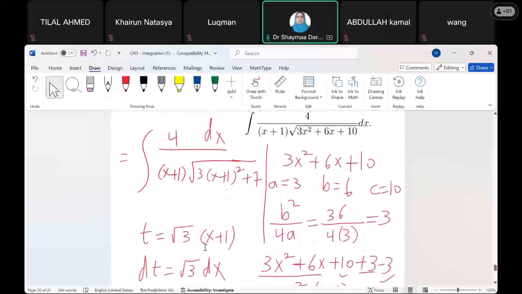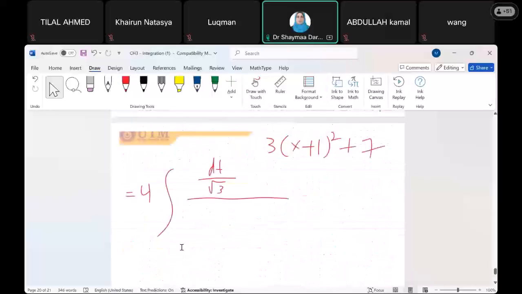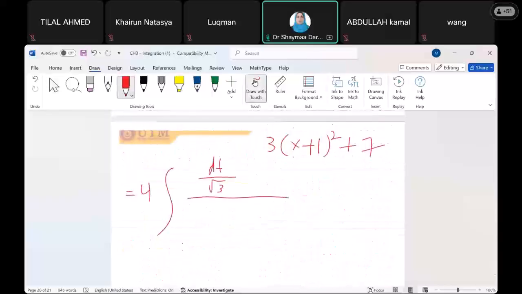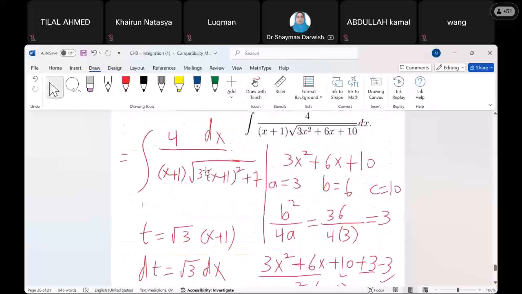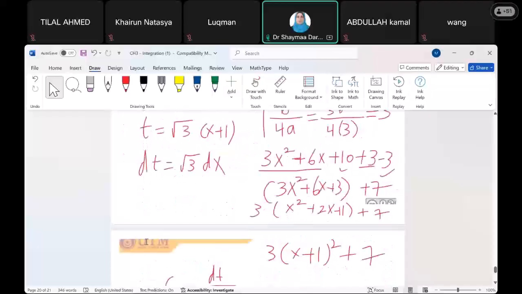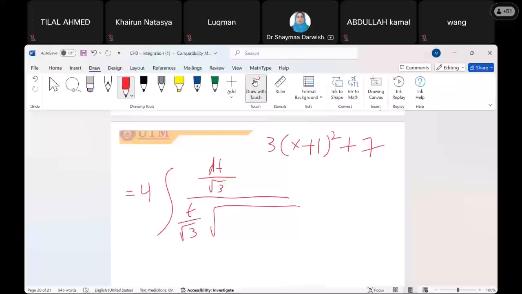X plus 1 here is t over square root of 3. 3(x plus 1) squared, all this is t squared, plus 7: t squared plus 7.